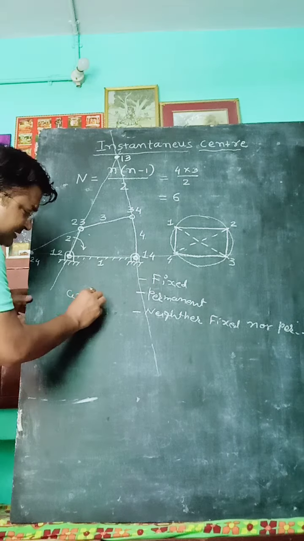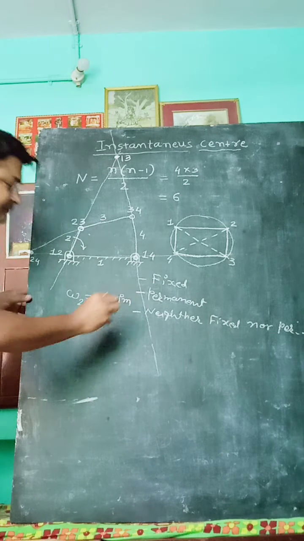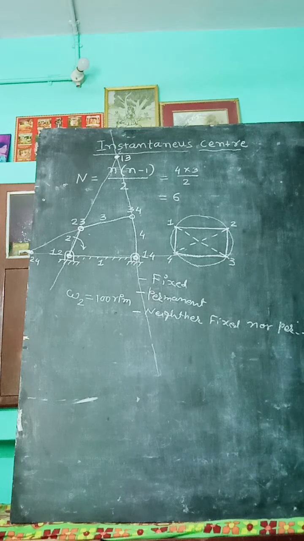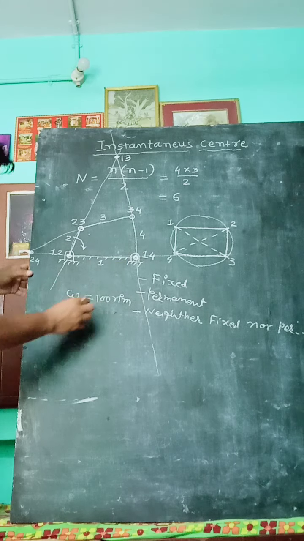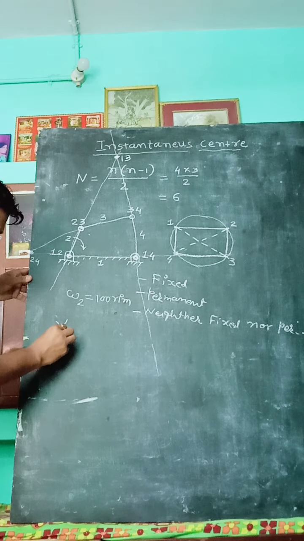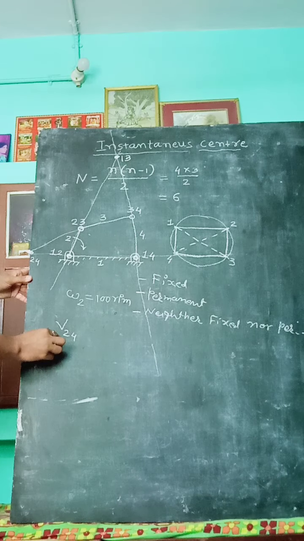Omega 2 is, let us say, 100 rpm. It is available. So what I can do? I can find out velocity 2, 4. Velocity of instantaneous center 2, 4.